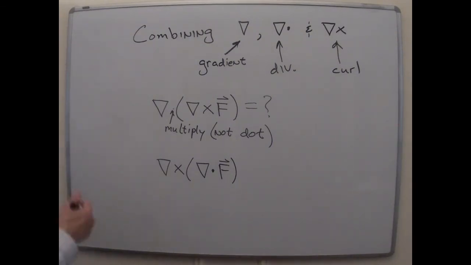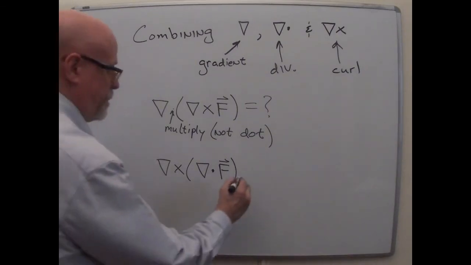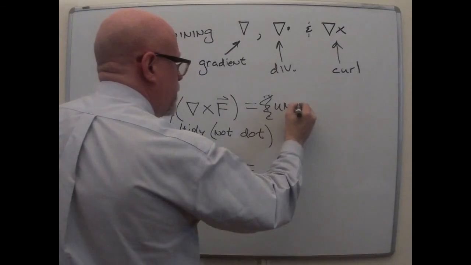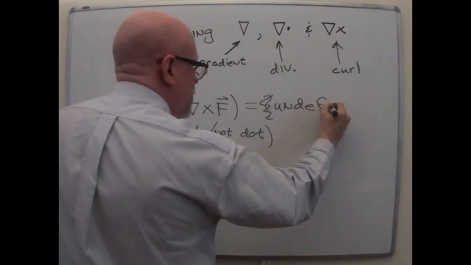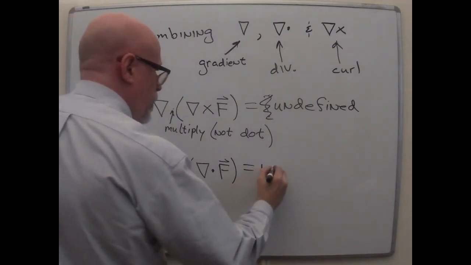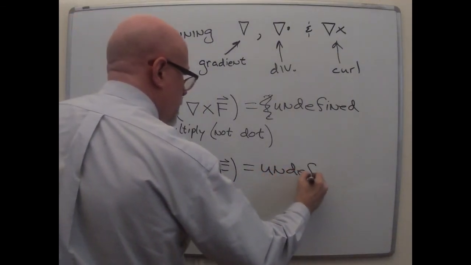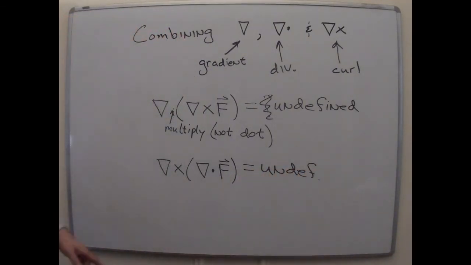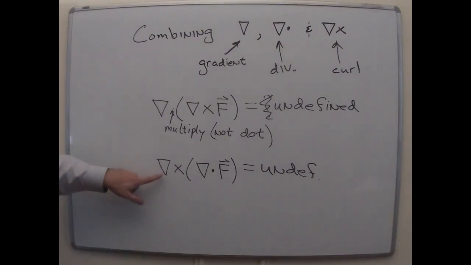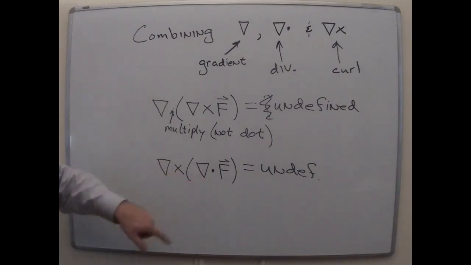You must mean dot product. So can we do this? No again. That's undefined because the operations just are undefined. And this is undefined as well. What's the problem here? Once I do del dot f, I've got a scalar. And now I'm trying to cross a vector and a scalar. Not allowed.